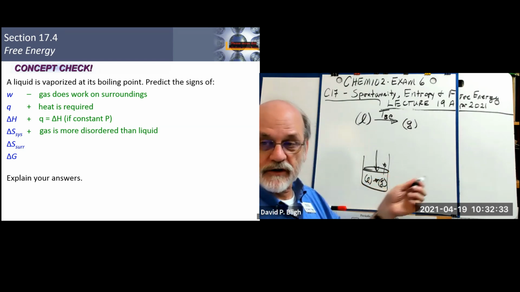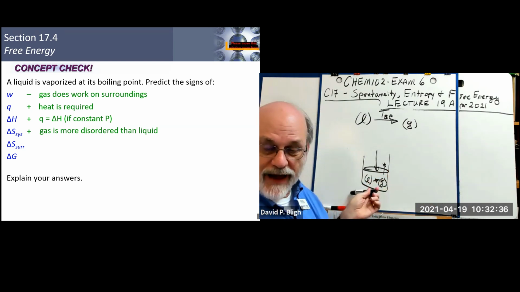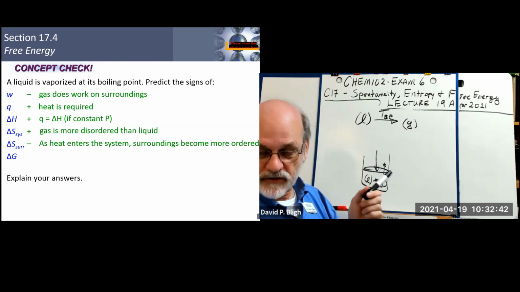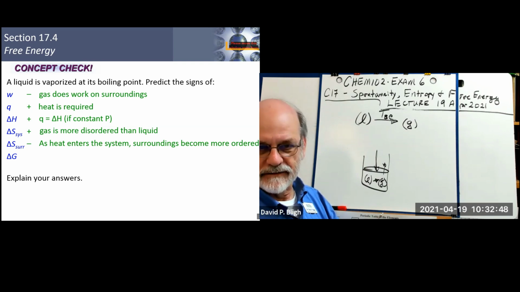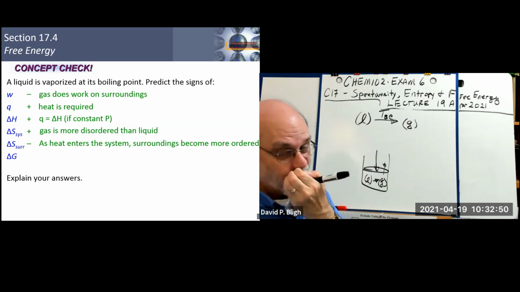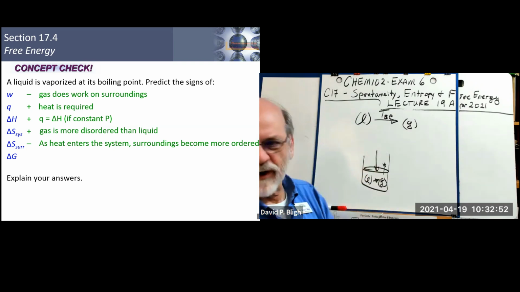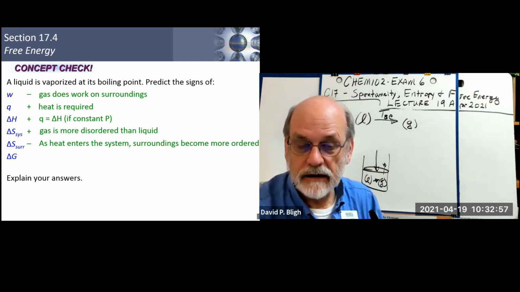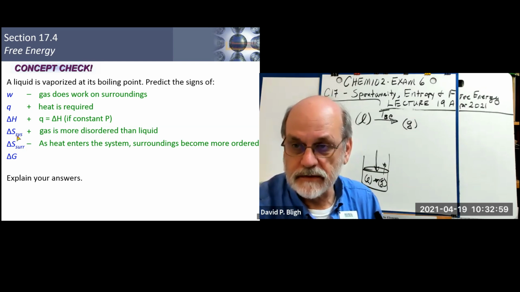Well, for the surroundings, you have to extract energy from them, so that value is negative. Surroundings become more ordered, energy-wise. How about delta G? Well, what is delta G? I erased it. Delta G is in reference to the system, right?